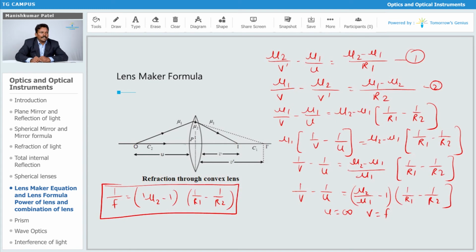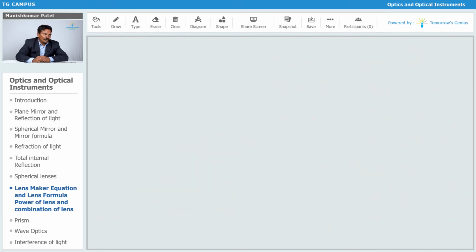By selecting glasses of different radii of curvature, you can get different values of the focal length, and if the refractive index is different, again you get a different value of the focal length. So this is all about the important ones: 1 by F equals mu2 upon mu1 minus 1, times 1 upon R1 minus 1 upon R2.